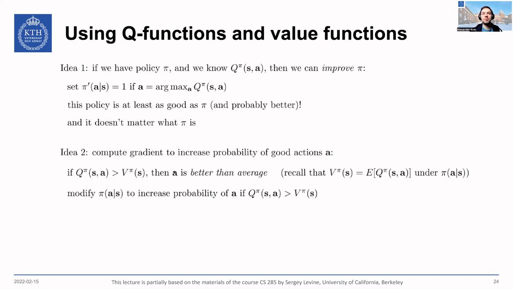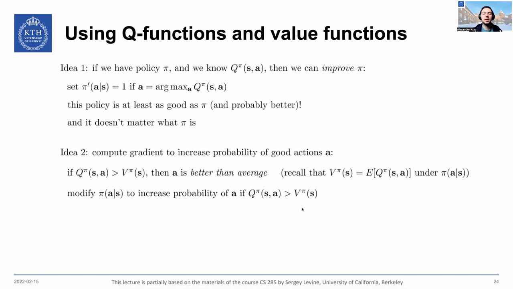And if for some of these actions the Q value is larger than this expectation, this average, then we should improve our policy by saying that we should rather take this action because it's better than average. And then you can compute the gradients to modify your policy, to maybe not set the probability to 1 as in the first idea, but just increase the probability according to, for example, how much the Q function for this particular action a is better than the value function.